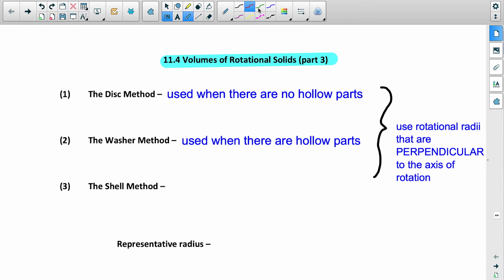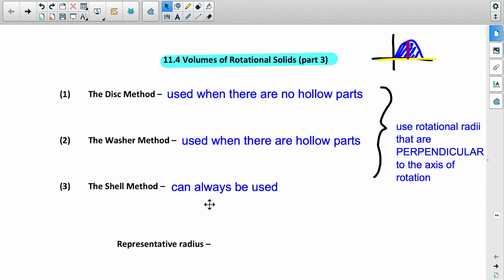For example, if this was our coordinate plane, and if this was our shape, maybe some kind of parabola, and let's say we were rotating it across the x-axis, then our rotational radii would be perpendicular to that axis of rotation, right? That yellow line's the axis of rotation, and our rotational radii would be perpendicular to it. It would be like this. That's the rotational radii.